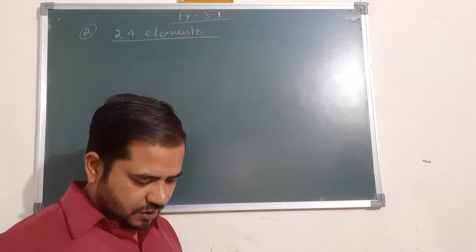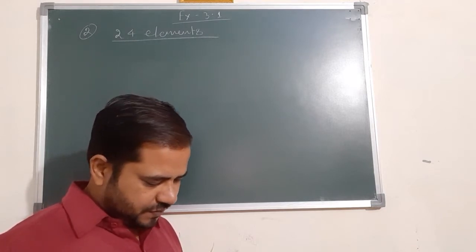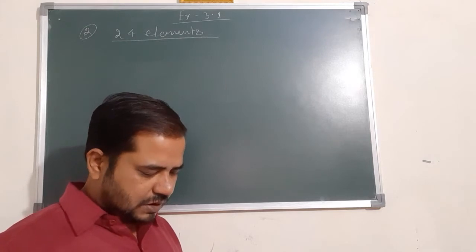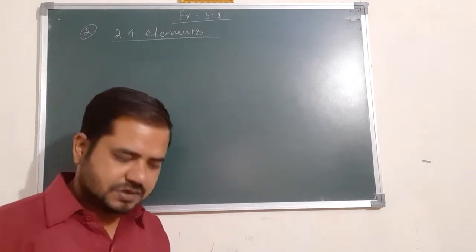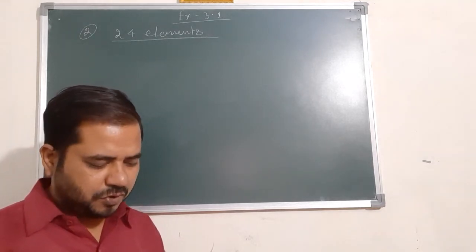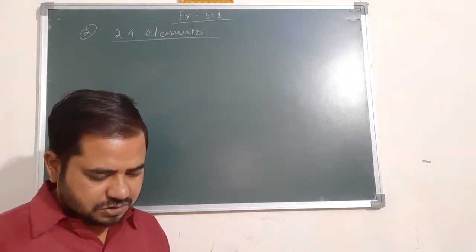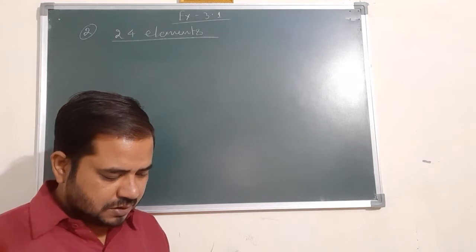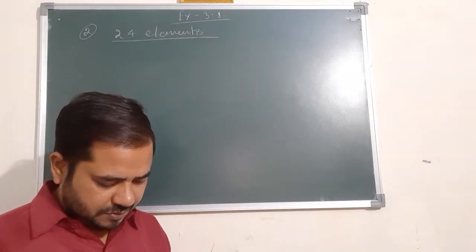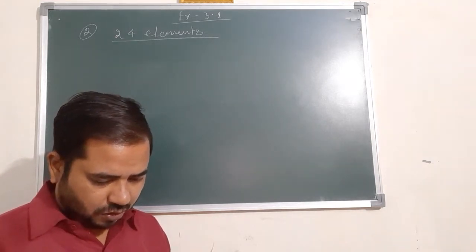And what if it has 13 elements? First, you have to write the possible orders of a matrix having 24 elements, and also write the orders if there are 13 elements.